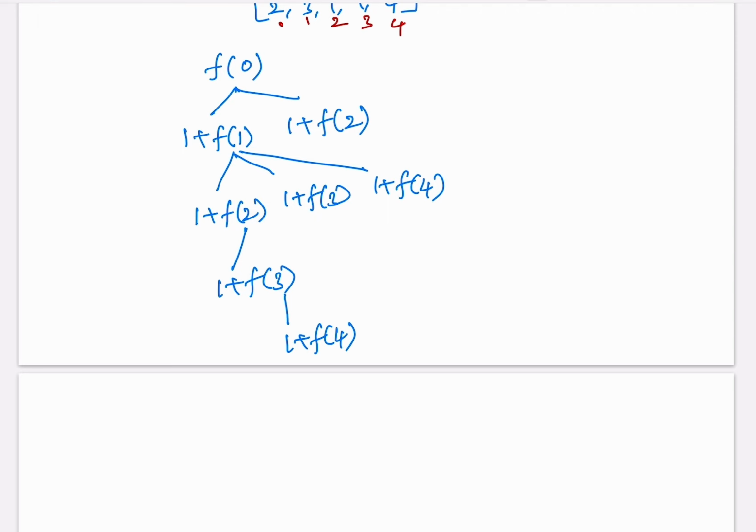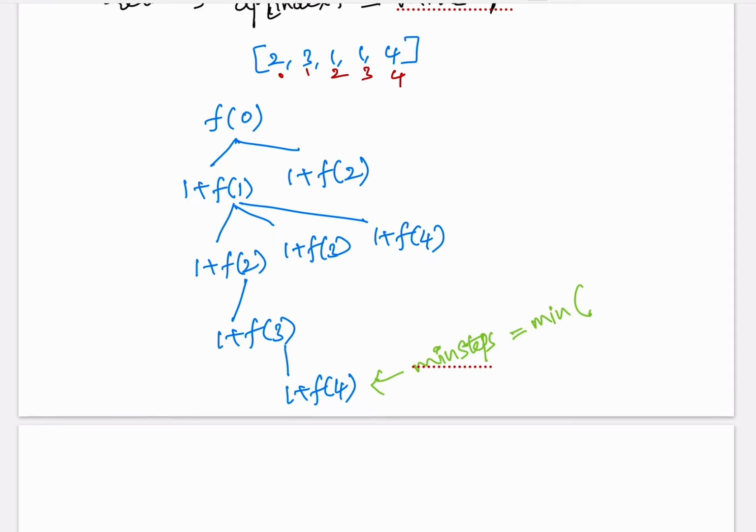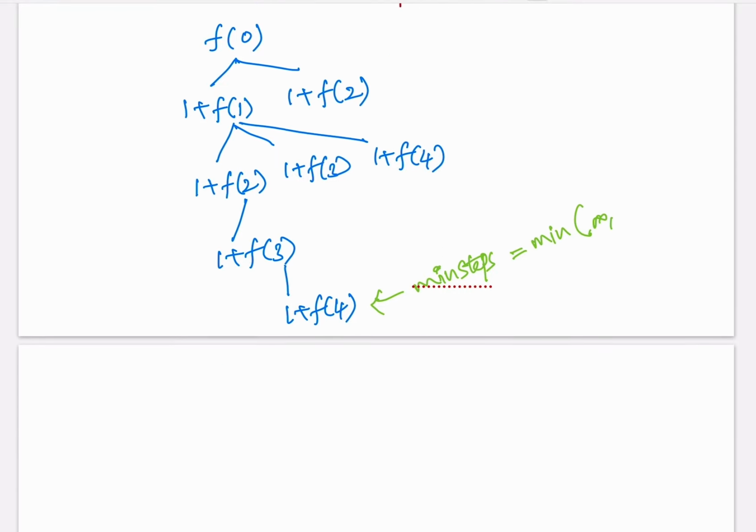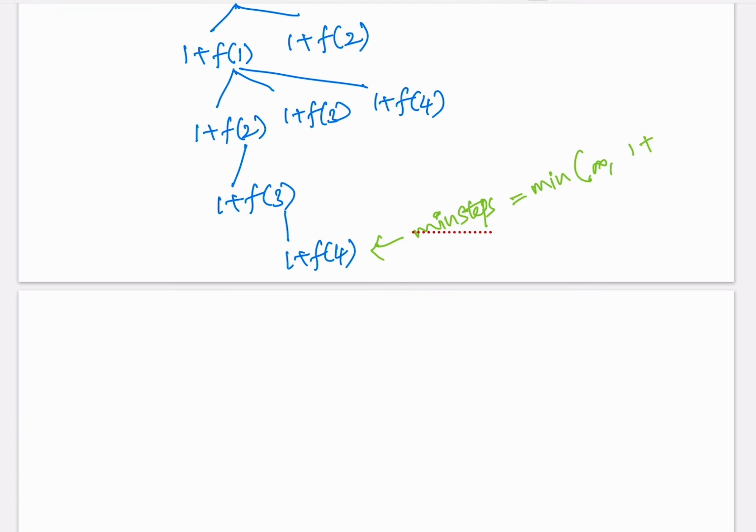When you are here, the minimum steps will be equal to minimum of infinity comma 1 plus x, which is 1 plus f of index.